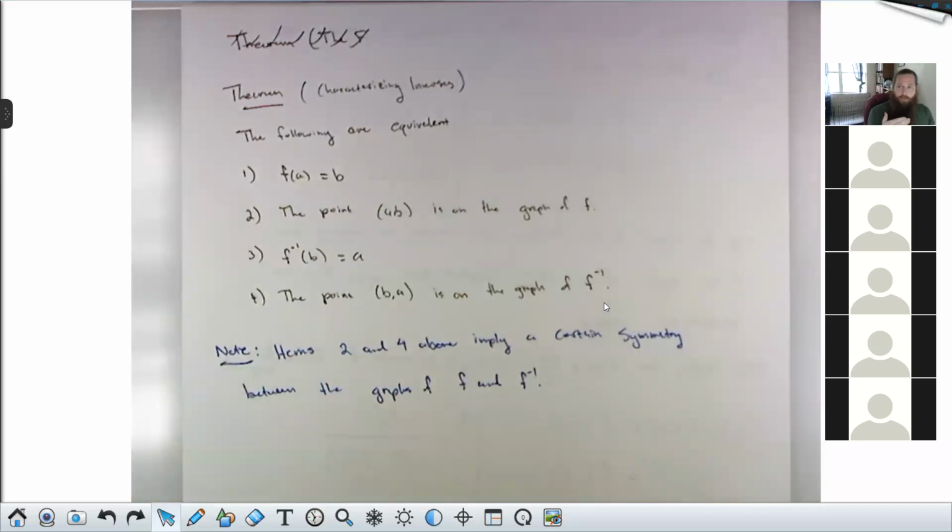And I'll get specific about that symmetry and talk about how to invert after restricting a domain next time on Wednesday. So we're going to look a little bit deeper at this on Wednesday.